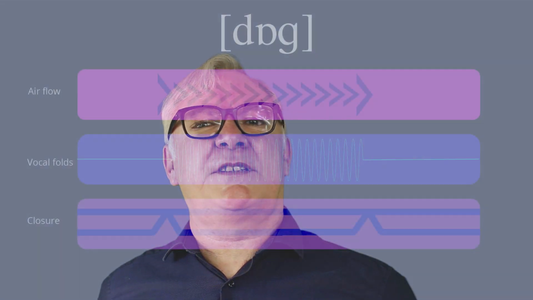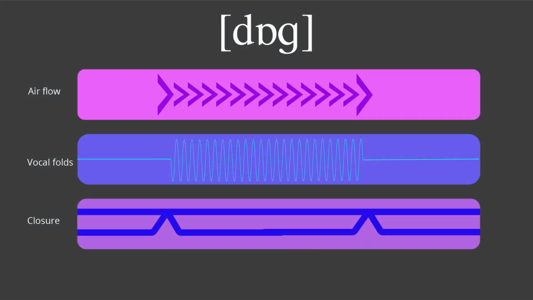But, as I said a moment ago, the voicing and the lip movement are independent of each other. So what happens if we vary the voice line on our chart? What happens, for example, if we only start the voicing part-way through the plosive or end it early? If we say the English word dog after a period of silence, for example, we get dog with two semi-voiced or devoiced consonants.